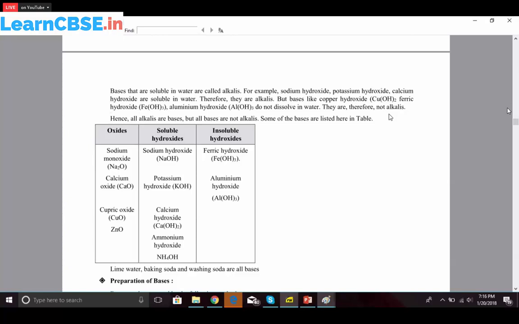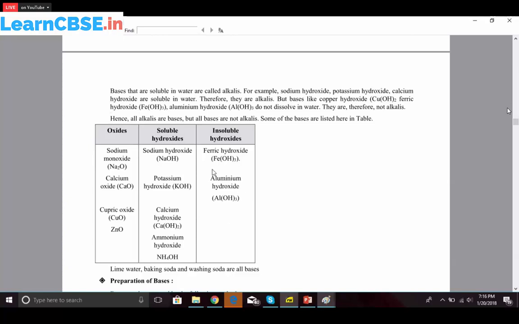Examples here: oxides, sodium monoxide, Na2O. When it is soluble in water, we get sodium hydroxide. An insoluble hydroxide is Fe(OH)3, which is insoluble in water. Calcium oxide, CaO, when it dissolves in water, gives calcium hydroxide, that is slaked lime. Potassium hydroxide is easily soluble in water.